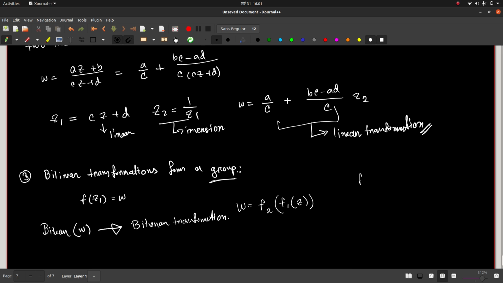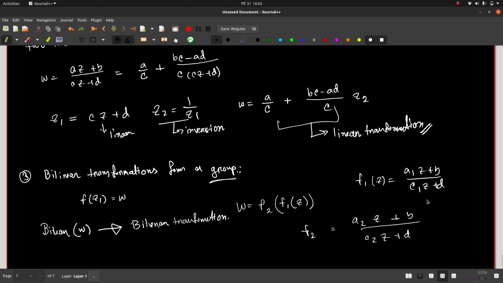So you can think of it as, let's say f1 of z is given by a1 z plus b1 over c1 z plus d1. Then f2 is given by a2 z plus b2 over c2 z plus d2. Now instead of these z's, it will take f1 of z as its argument.